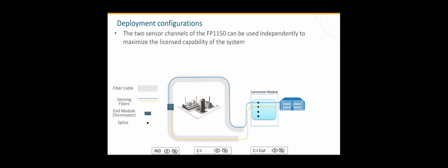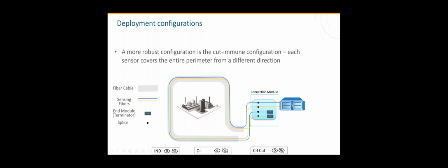And this would be perfectly good if one is trying to maximize the amount of the license that the system is licensed for, or if you have a perimeter that doesn't close, like this nice picture closes, but you might have a waterfront area where there is no passage of cable, there is no fence, or some other obstacle that doesn't let you close the perimeter as such. So you could use the independent sensor mode for that. And that would be a fine way to do it.